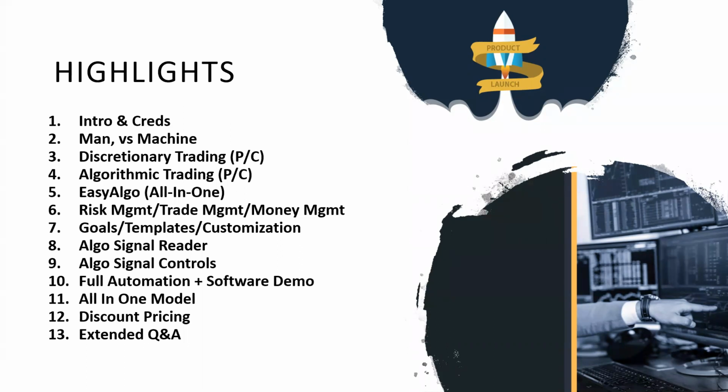And we're going to talk about how the EasyAlgo on the NinjaTrader platform is what we'd like to think is the most robust discretionary automated trading platform for retail active traders. The main objective is risk management, trade management, money management, setting goals, creating customization for systems. And what's really neat is that we've built a signal reader so that you can trade both discretionarily as well as automated. So depending on the type of trader that you are, you have the ability to leverage both.